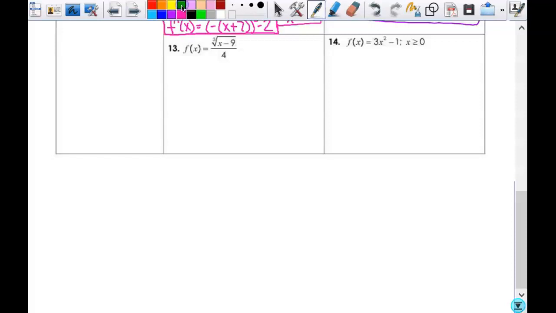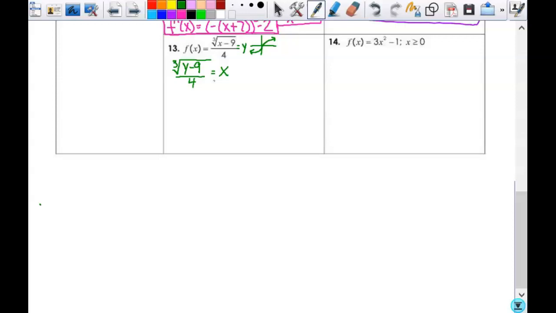All right, so this is a cube root function, right? Cube root function looks like this, and that is going to pass the vertical and horizontal line test. Therefore, I can do the inverse function. Set that equal to y, exchange my x's and y's. So cube root of y minus 9 over 4 is equal to x. Right?